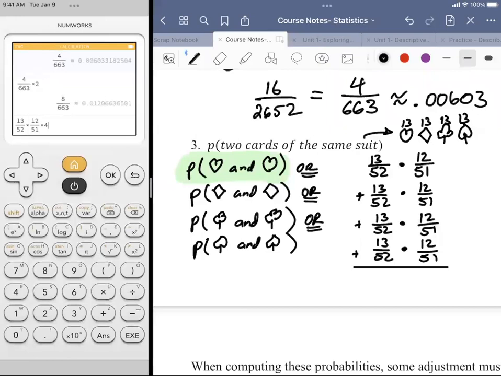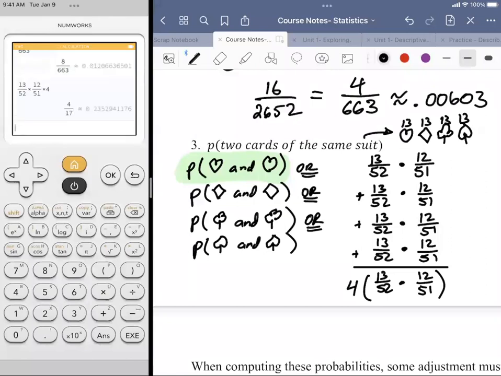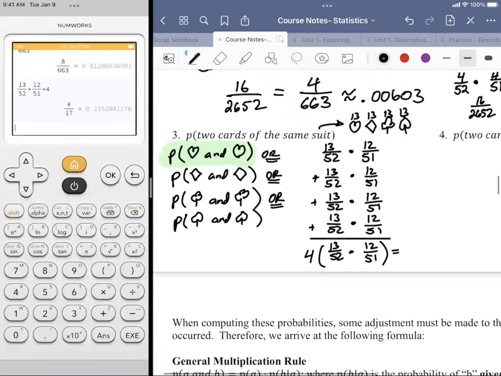All right, so that would be the same as saying 4 times 13 over 52 times 12 over 51. And again, NumWorks gives you the simplified form. That's great. We don't need it to be simplified, but if it's going to give it to us, why not? So 0.235.